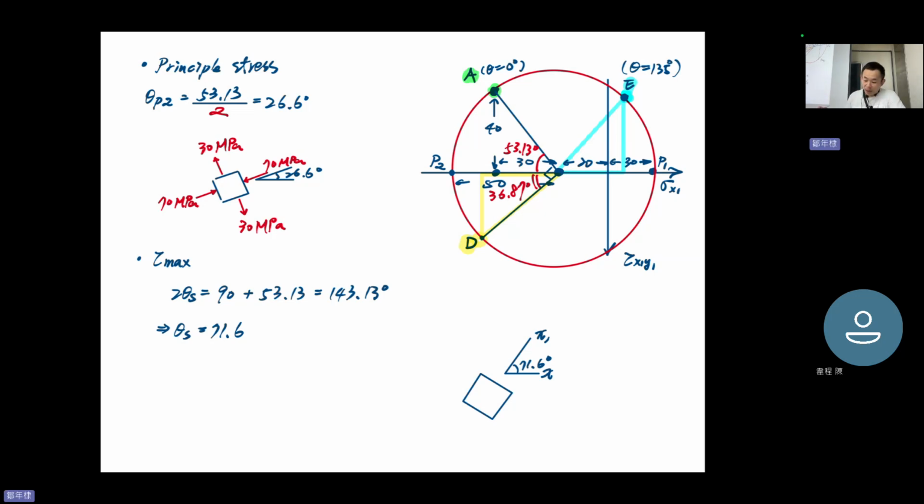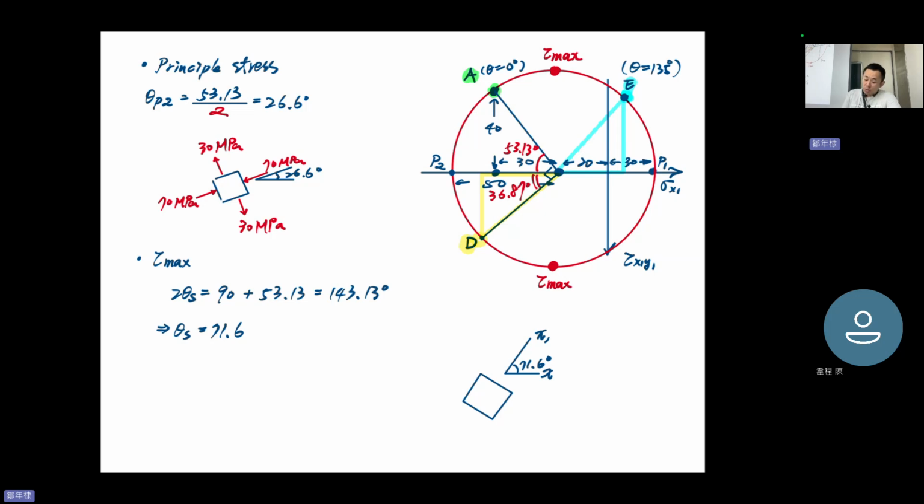71.6 degrees, and you will have here and here called tau max.